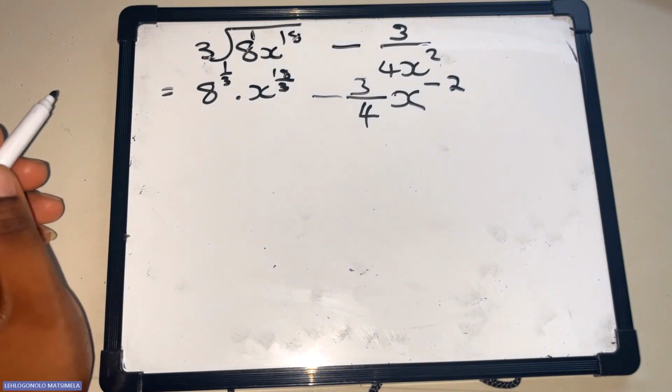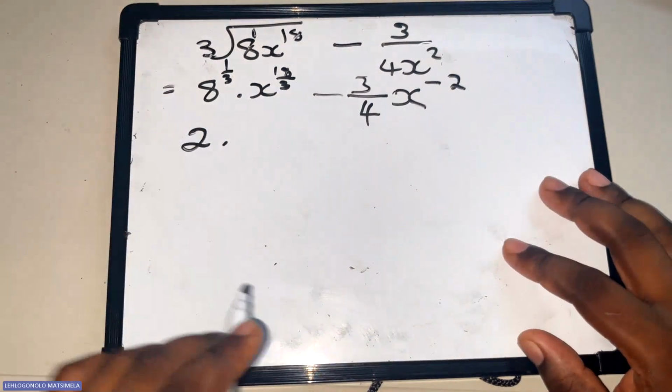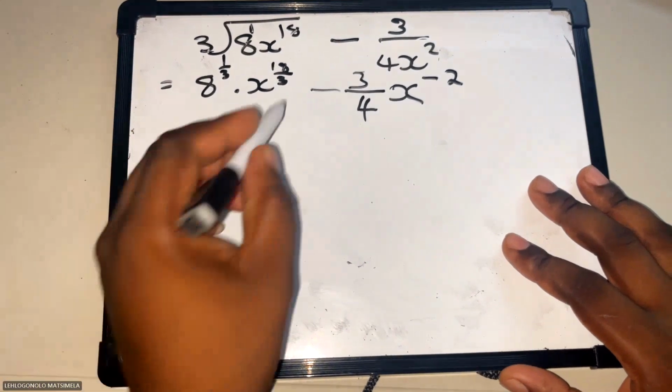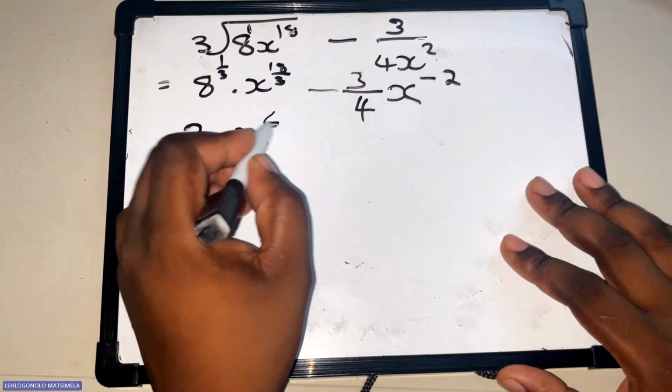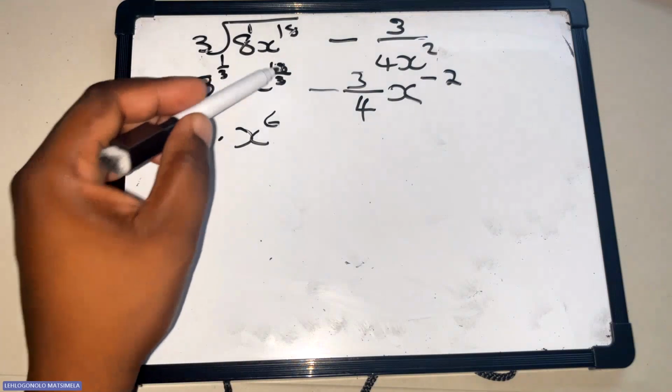The cube root of 8, which is 2 times 2 times 2, gives us 2. And 18 over 3 gives us 6. I'm simplifying: exponent 18 over 3 is 6.